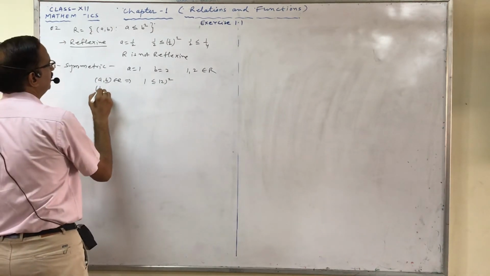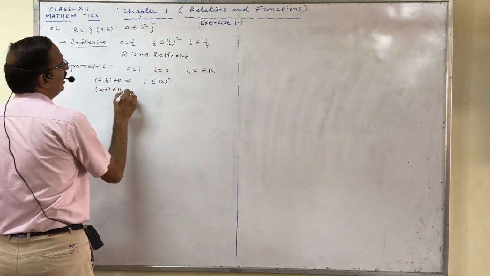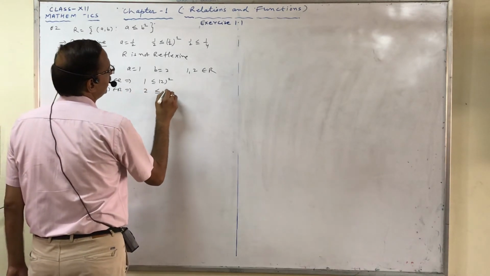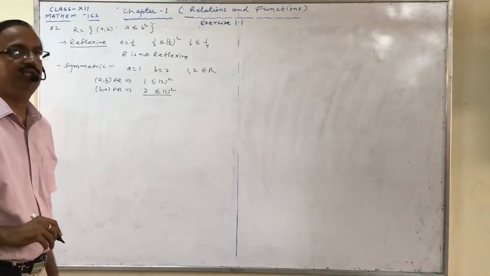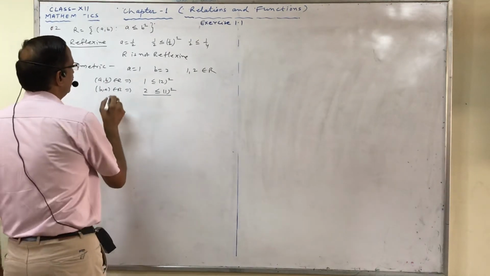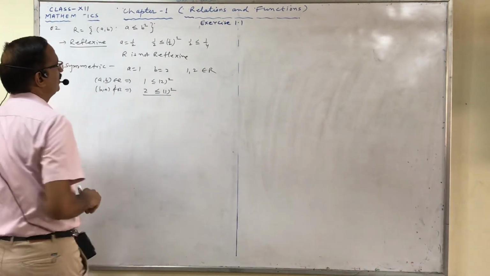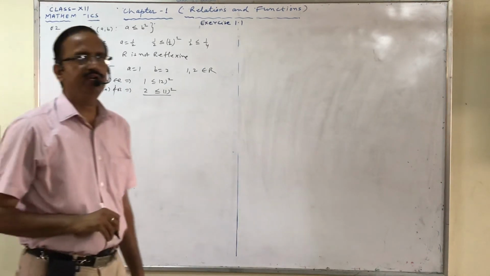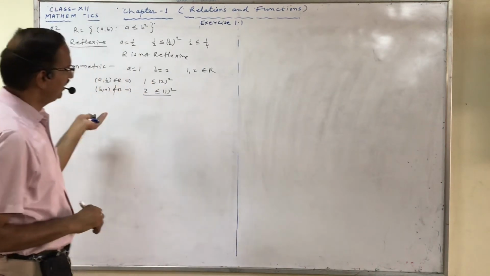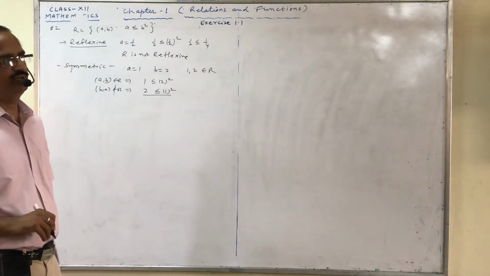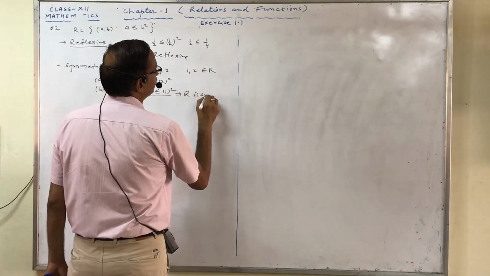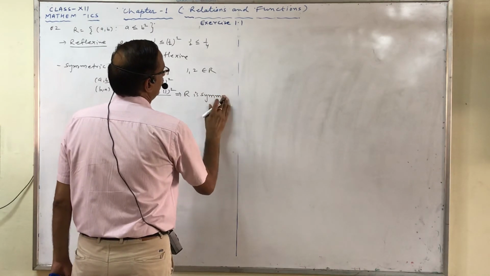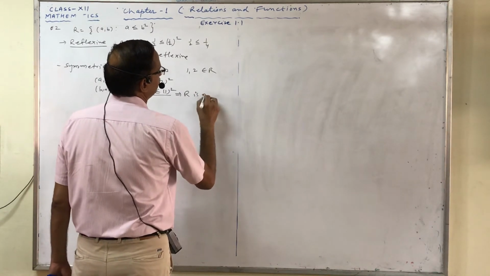Now check, (b, a) belongs to R means 2 is less than or equal to 1 square. Check whether it is correct or not. It is incorrect. It means this is false. A is related to B, but B is not related to A. It means R is not symmetric.